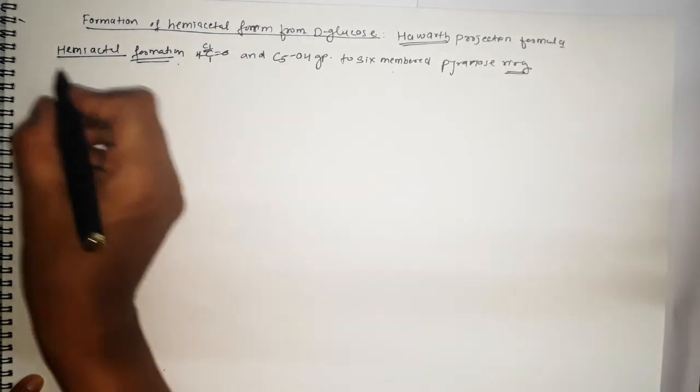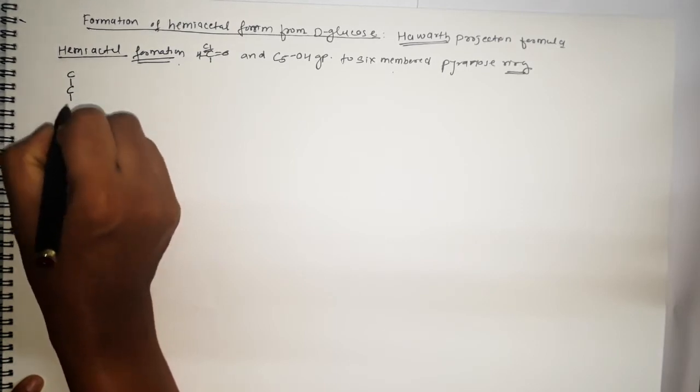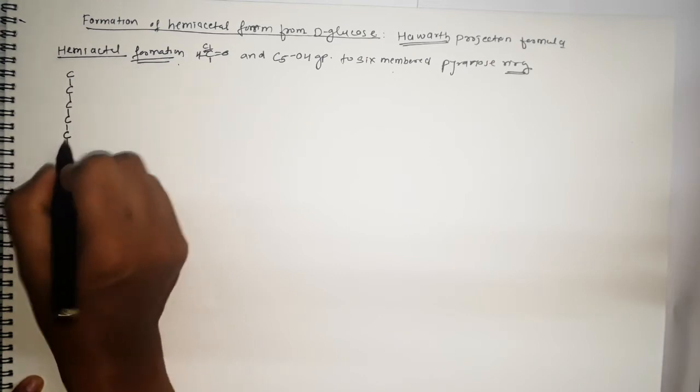So all of you know this glucose structure: carbons 1, 2, 3, 4, 5 and 6.